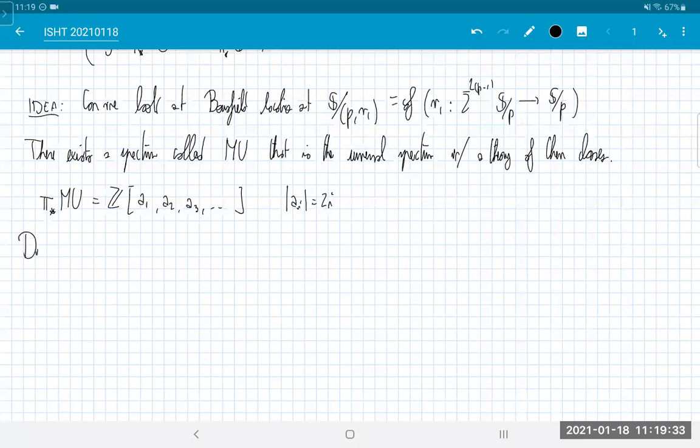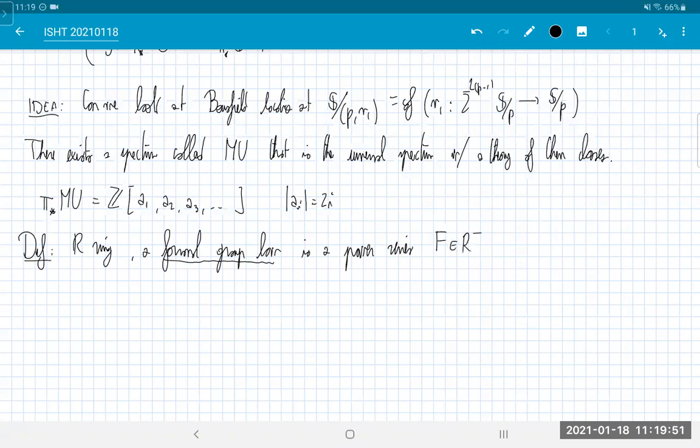So, definition: R a ring, a formal group law is a power series F in x1, x2 that behaves sort of like the Taylor expansion of a group operation at 0.